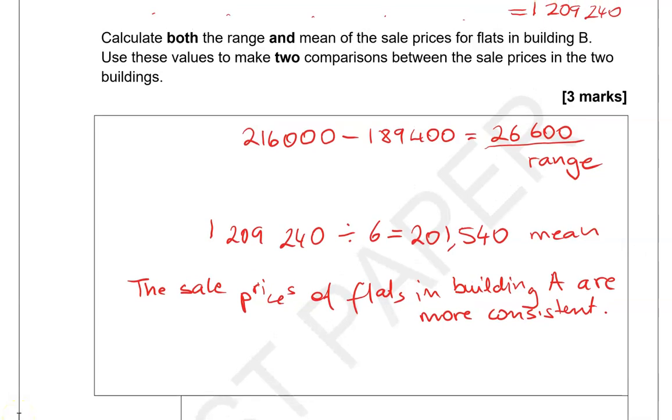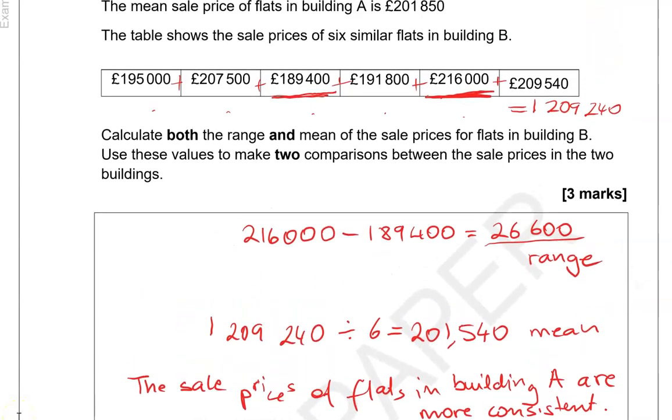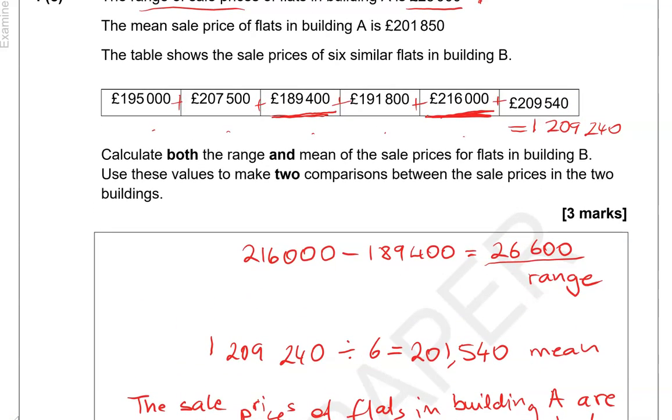Just looking at the mean now. So we've got 201,850 and 201,540. So on average, these are higher.